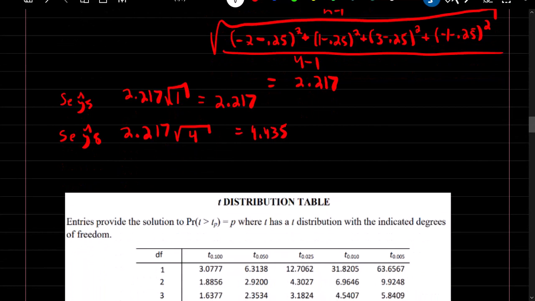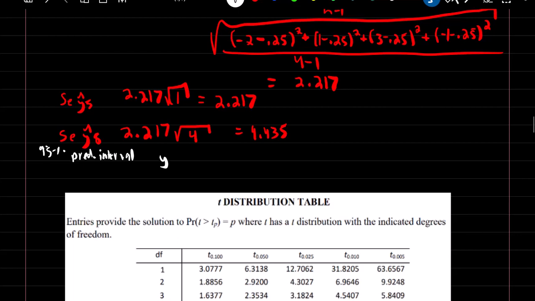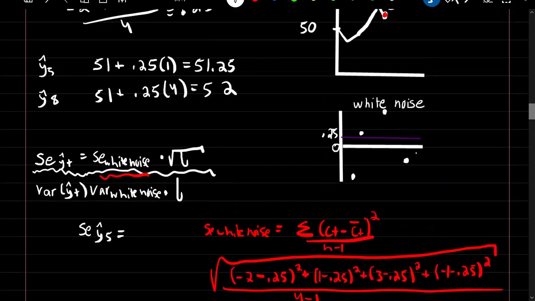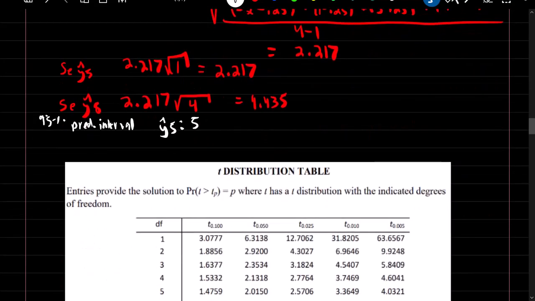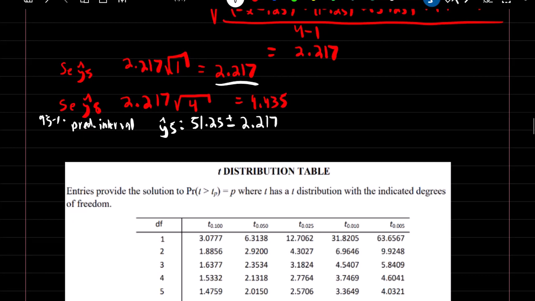So if we want to do a 95% prediction interval of our predicted value at time 5, the formula is just our predicted value at time 5, which we found to be 51.25, plus or minus our standard error, which we found to be 2.217, times our t-score.